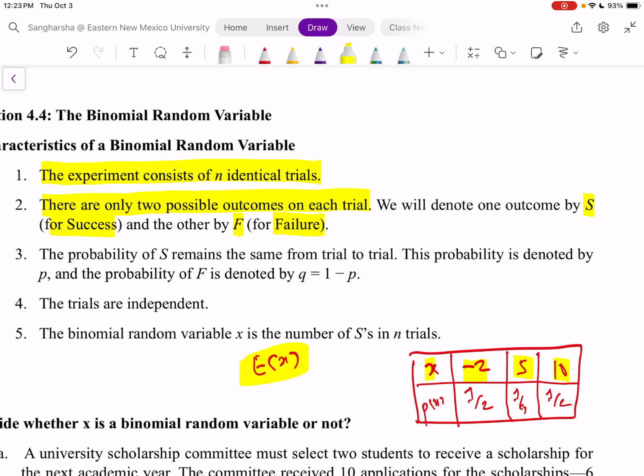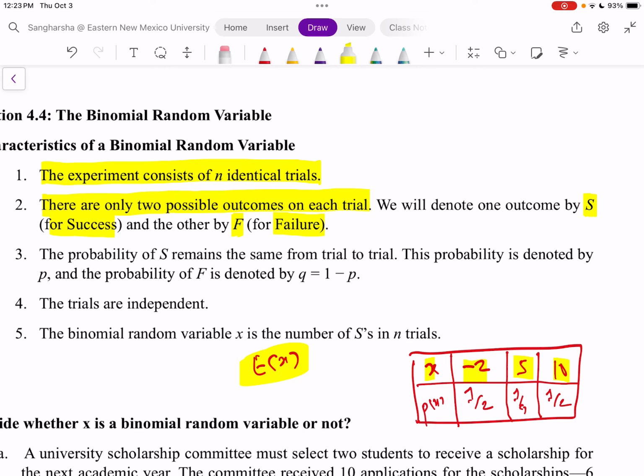For example, if I toss a coin, our outcome is head and tail, right? So we can call head a success and tail a failure. So make sure to denote your outcomes by S and F. S is for success and F is for failure.